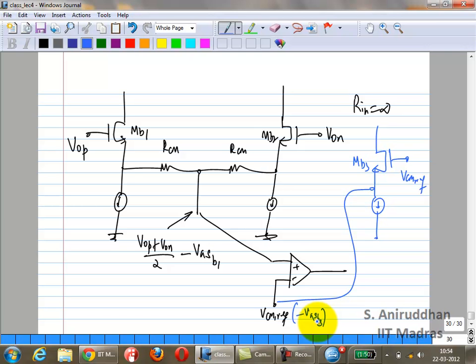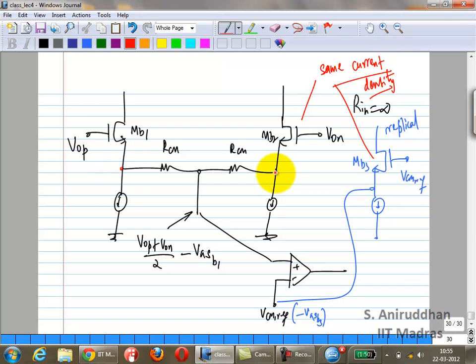Again, this is another case of replica bias. So you need to have the same current density in MB3 and MB1, MB2.